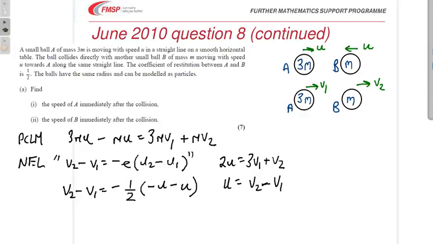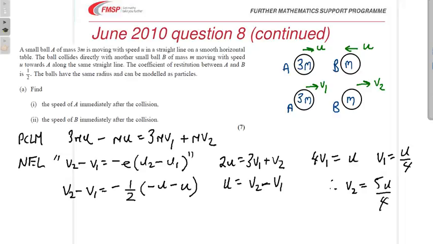By subtracting them, we'll get rid of the v2's. So we've got 4v1 equals u, so v1 is u over 4. And v2 is u plus v1, so v2 will be 5u over 4.